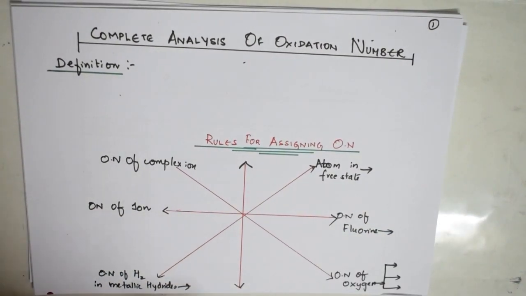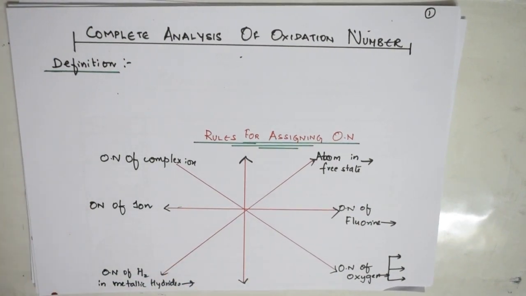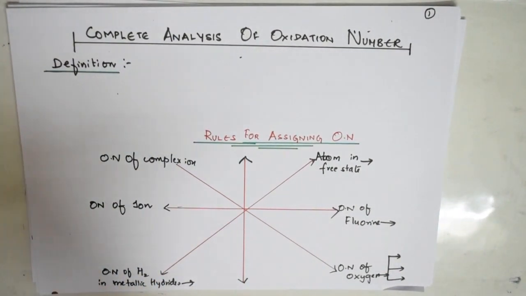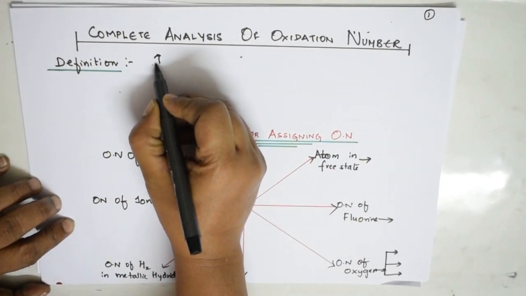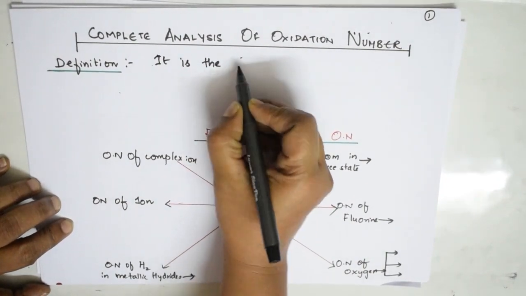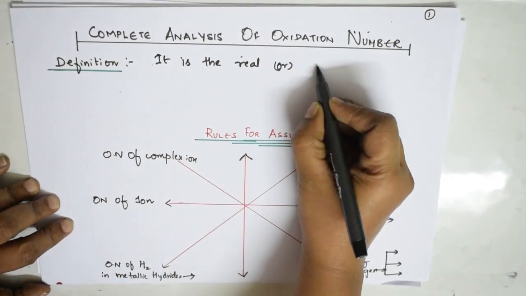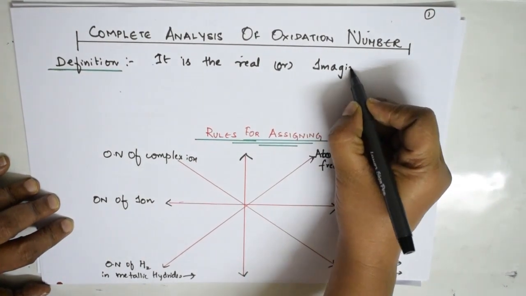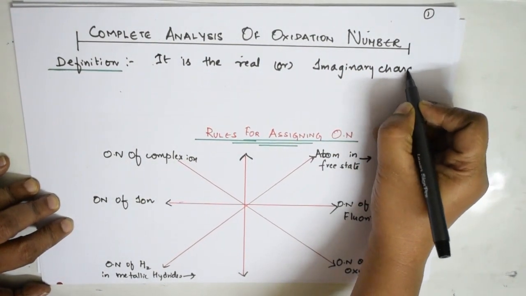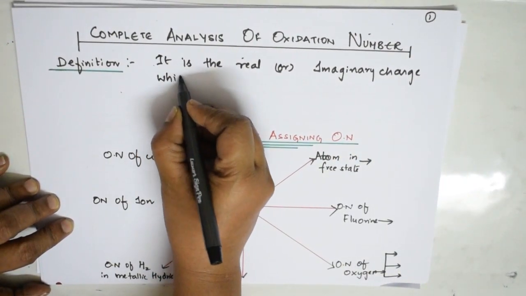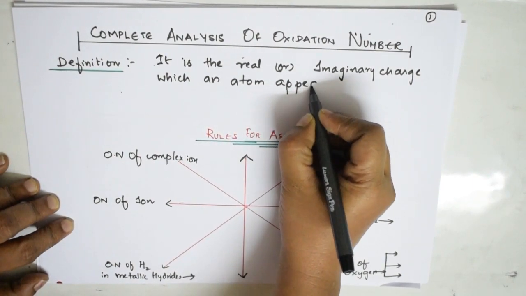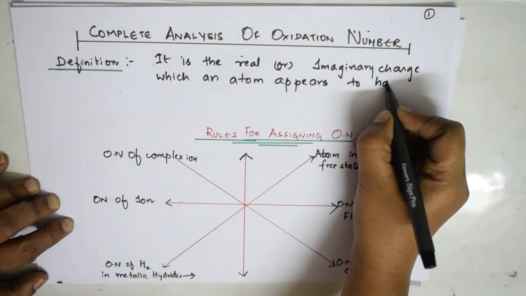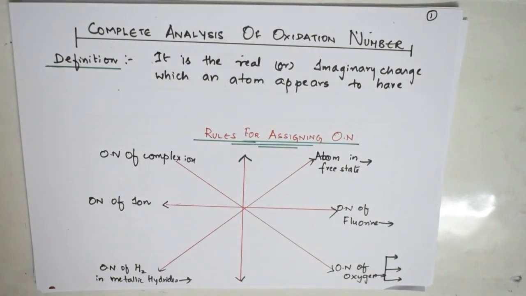Basically, the oxidation number is the real or imaginary charge which an atom appears to have in its combined state.